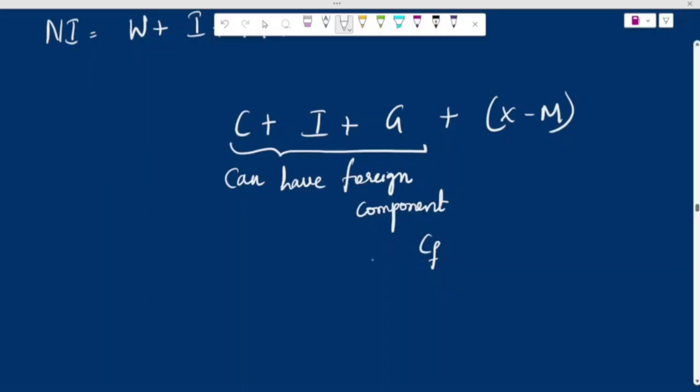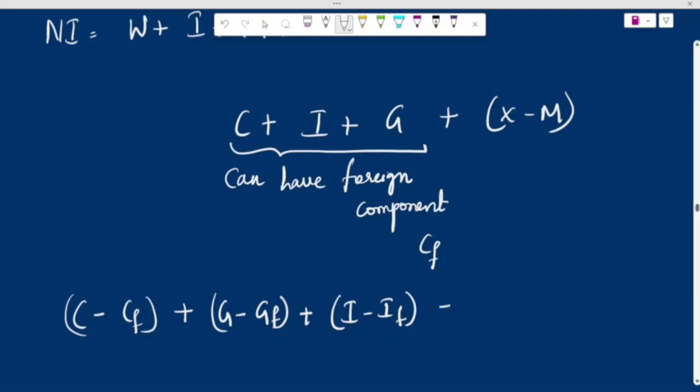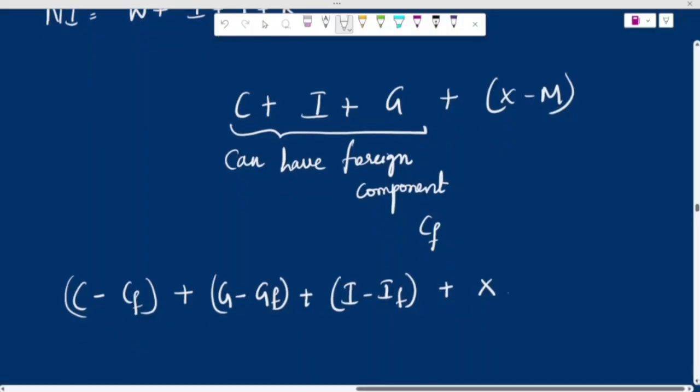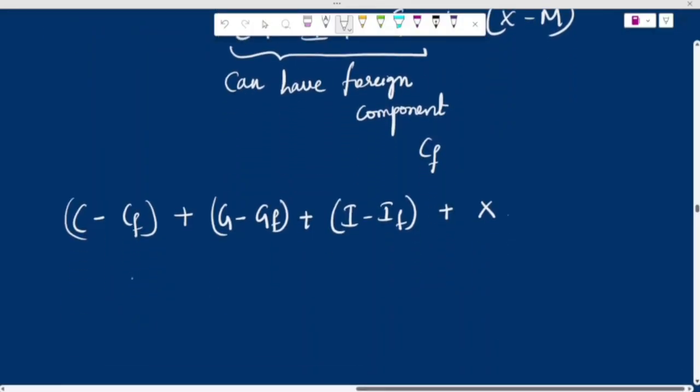So C minus CF plus G minus GF, I mean foreign component, plus I minus IF plus, I will write export minus import as X. Then CF plus GF plus IF equal to total imports, right?